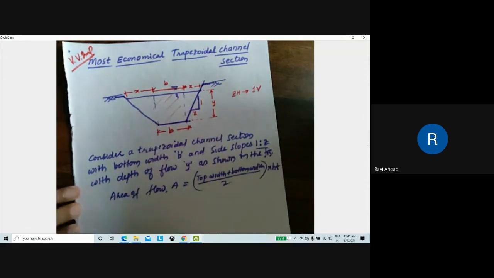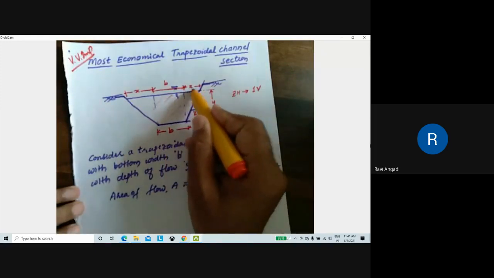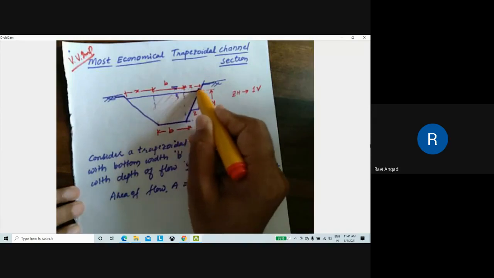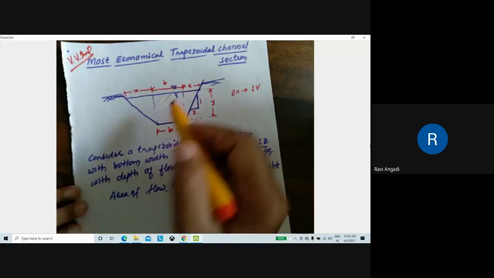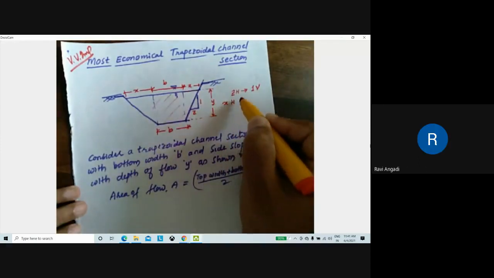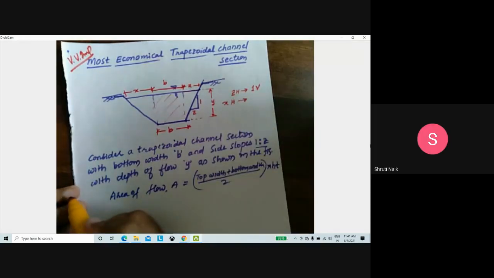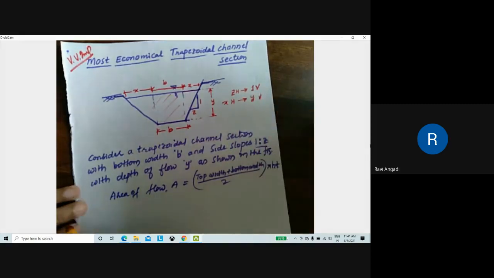Now tell me, in this base, what is the horizontal base? X. X is horizontal. For X horizontal, what is the depth? Y. Y is the vertical. I hope you understood.